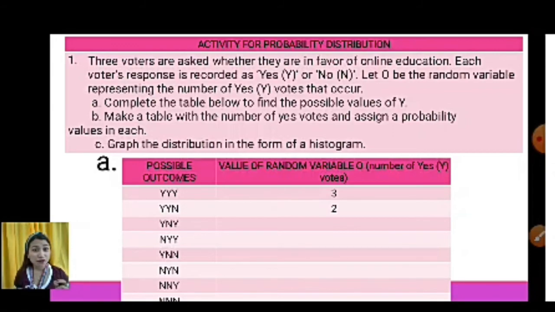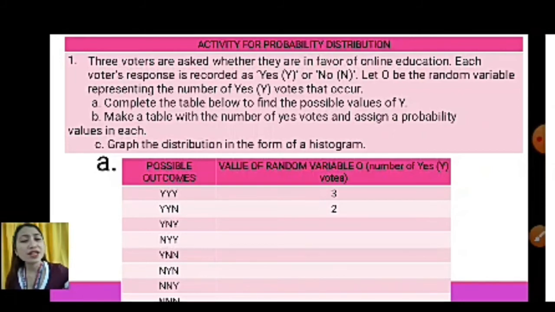You cannot graph if you don't have the answer in letter B. If you don't make a table, you will not be able to make a histogram, since the histogram will be based on letter B. So good luck, and I hope you will answer this activity, since it will be passed on Wednesday.